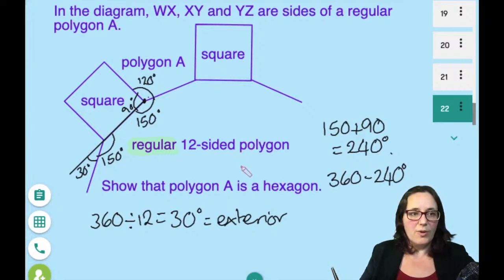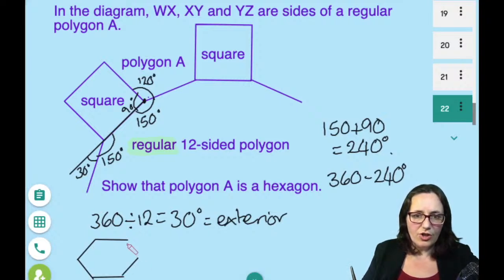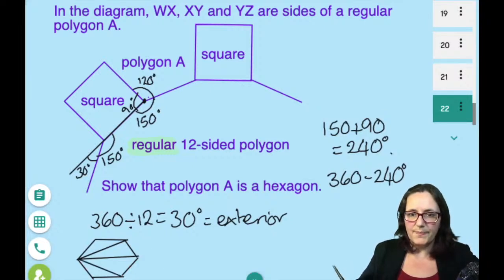What we need to do is work out from scratch that if you've got a hexagon, then that interior angle will be 120 degrees. So I'm going to draw a hexagon down here. I don't need to draw this with perfect sides or perfect angles. I'm simply going to use this to show what the angle sum will be for a hexagon. So I split it. I just start from one corner and make sure that that corner is joined up to all the others.